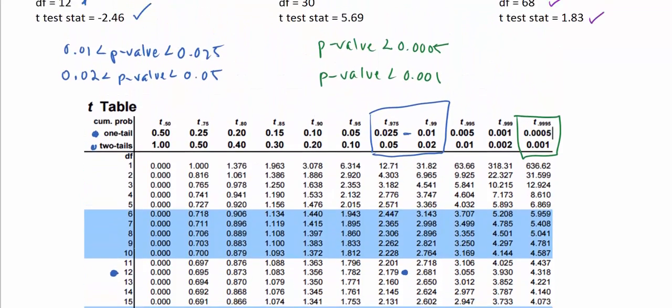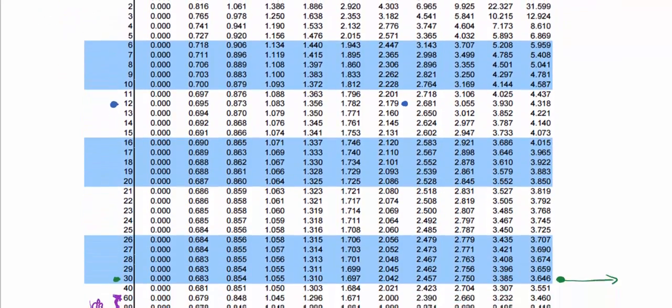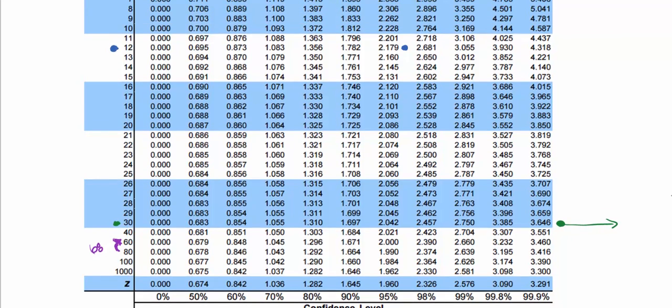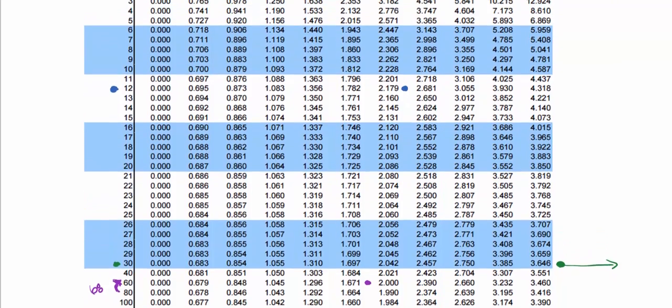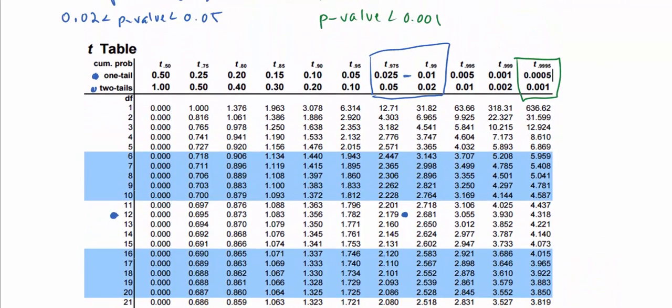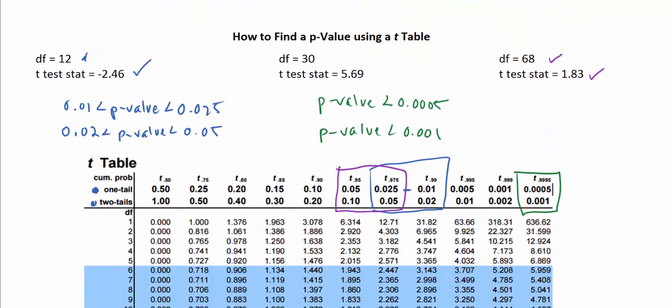Our test statistic again was 1.83, so if we scroll up and scroll back down, we notice that 1.83 falls between these two values, 1.671 and 2.00. If we go up, we can see that that is between these two p-value values.